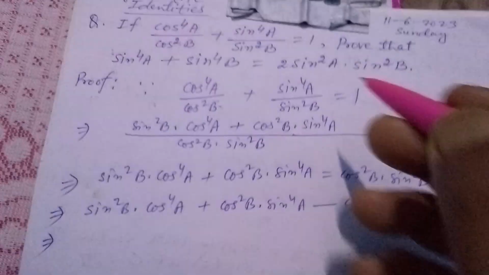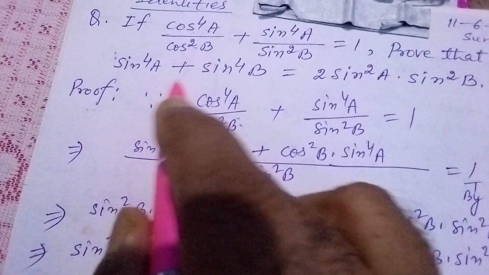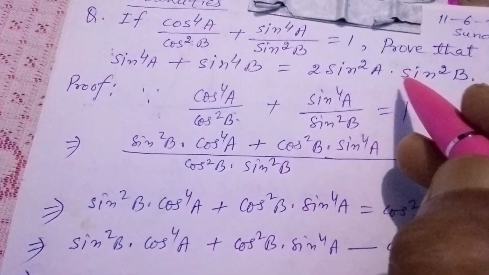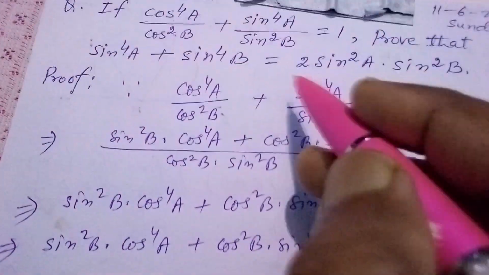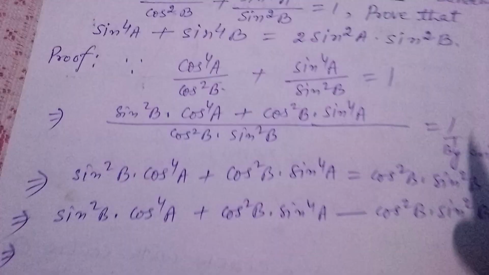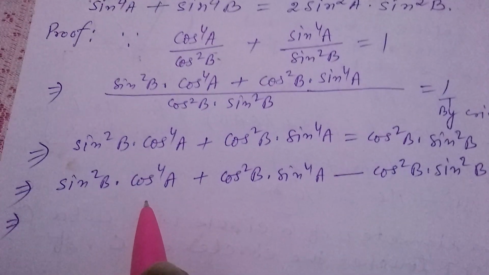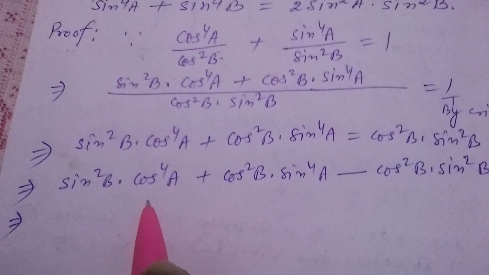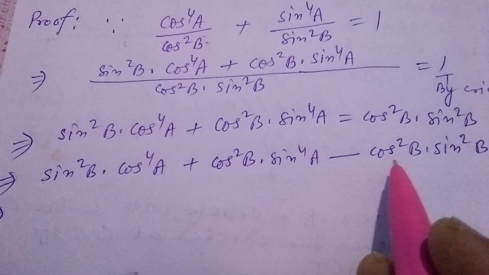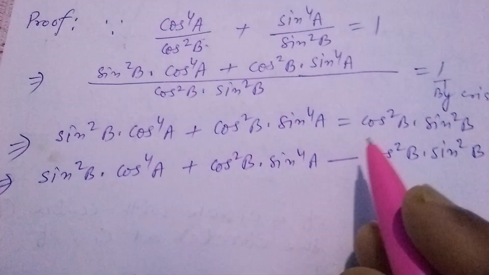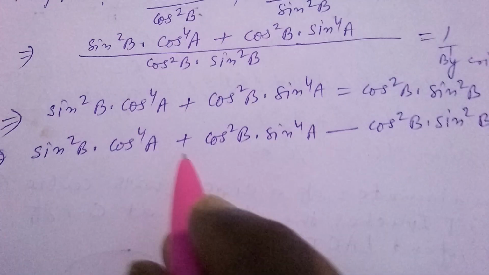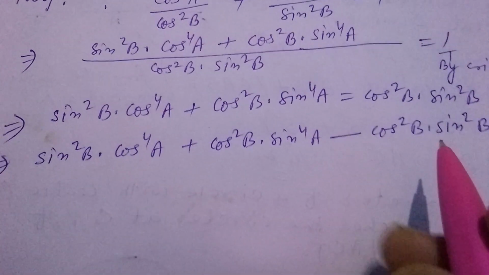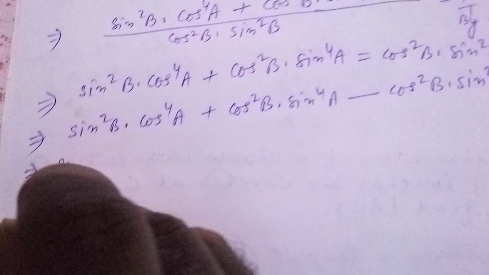Now you see here what we have to prove. In the left side and right side, in LHS and RHS, all are in terms of sin. So here also we have to concentrate on bringing all the terms in the form of sin. Wherever cos is there, that will be converted into sin. Okay, let's start.